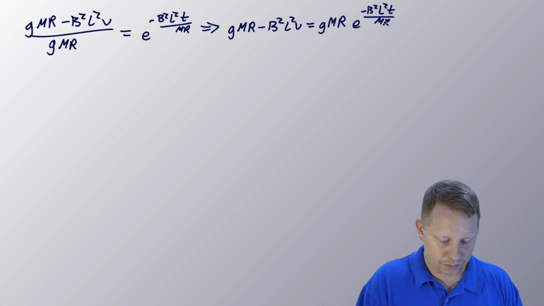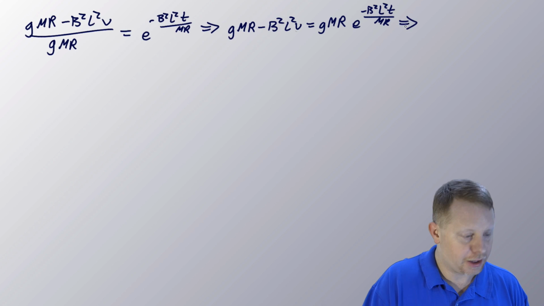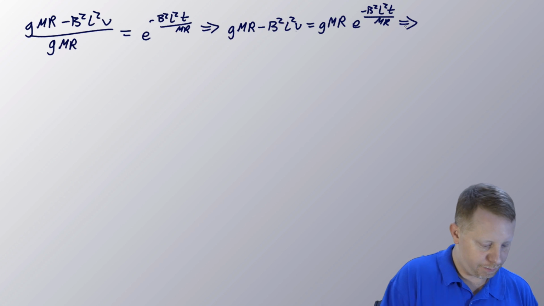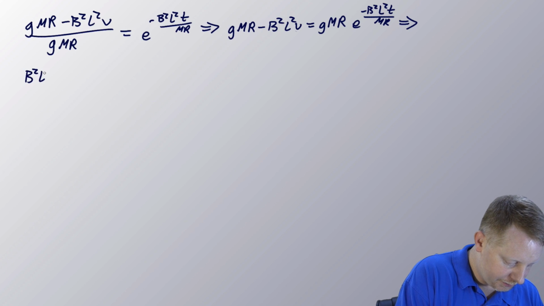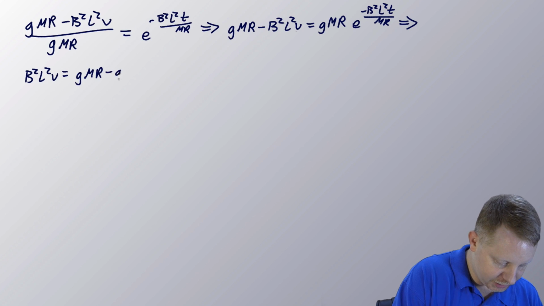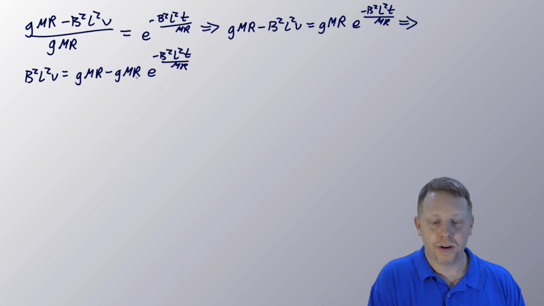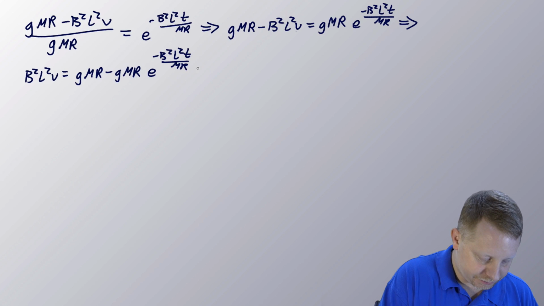All right. We've got this B squared L squared V. That's the term I want by itself. So if I add that term to the right and subtract this term, we'll get that on the left. I come up with B squared L squared V equals G capital M capital R minus G capital M capital R times e raised to the negative B squared L squared T over MR. GMR, GMR, I can factor that out.